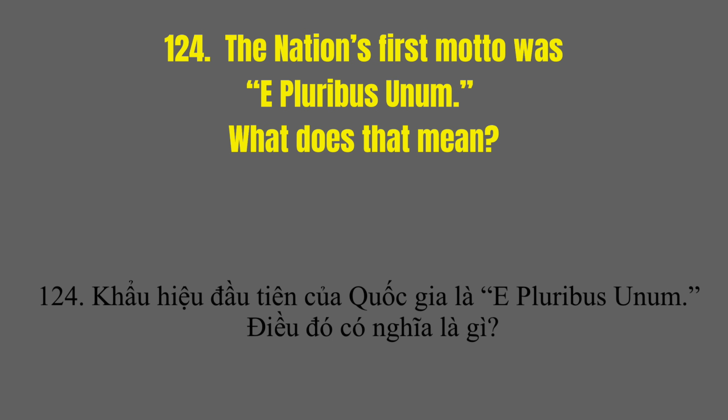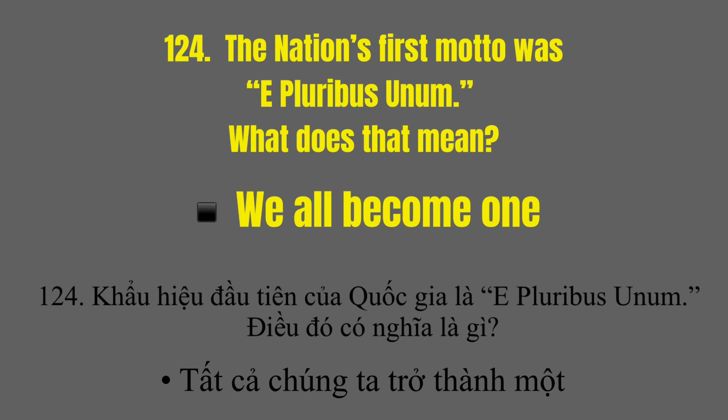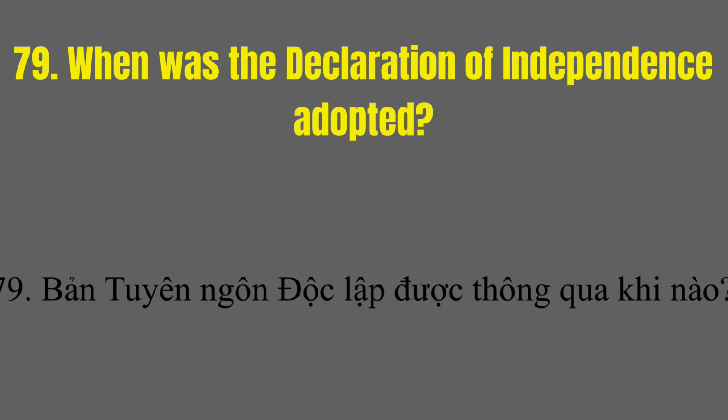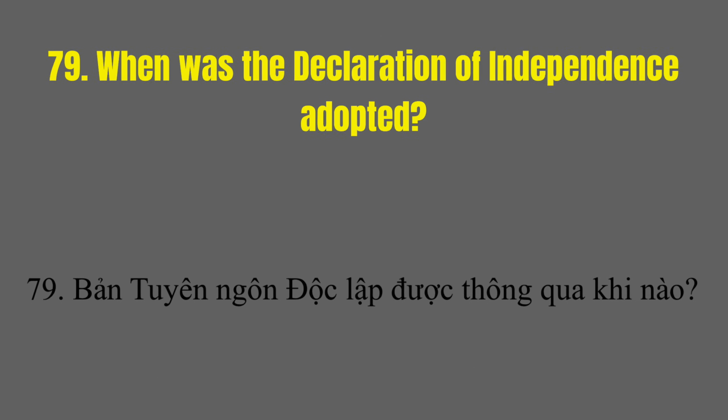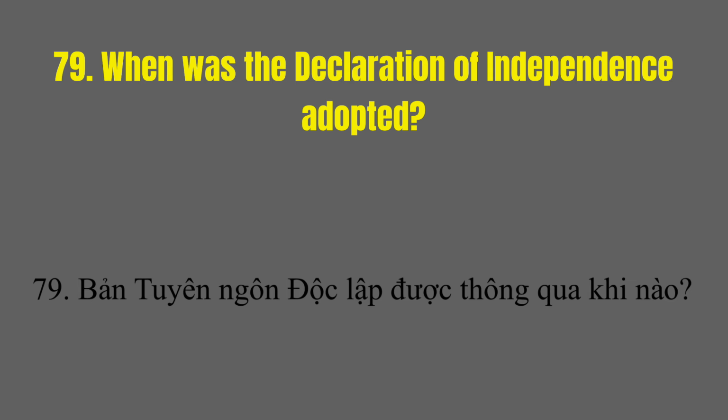The nation's first motto was E pluribus unum. What does that mean? We all become one. When was the Declaration of Independence adopted?